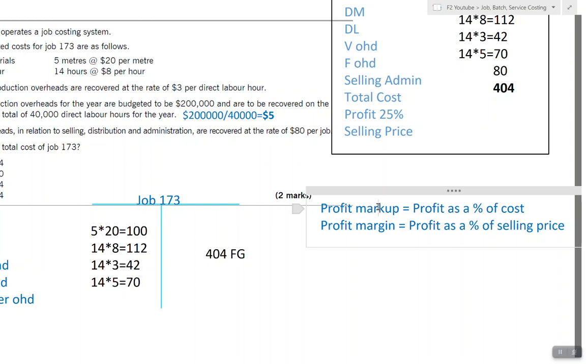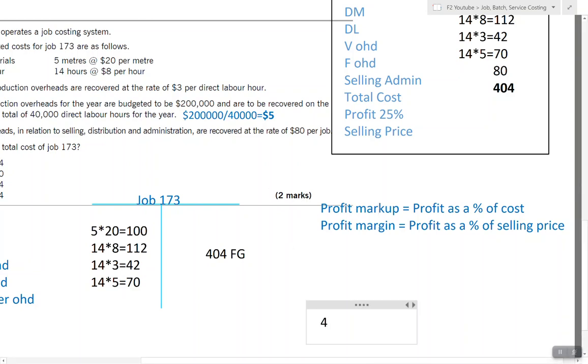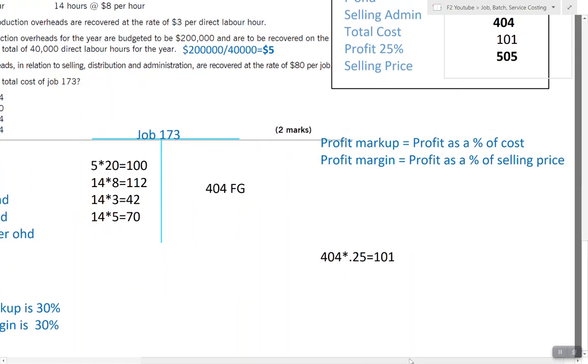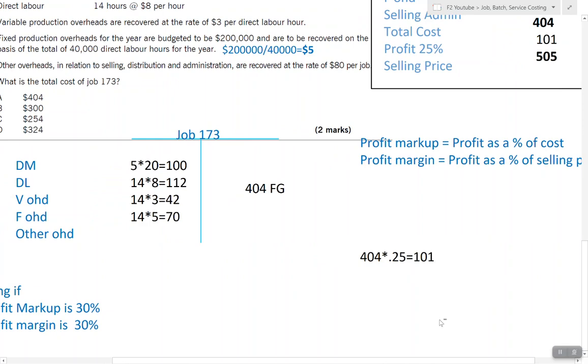In this example, let's assume we have 25% markup. If we have 25% markup, we simply take the cost and multiply by 25%, which gives us 101, which means the selling price would be 505. But this is how we would do it when we are calculating markup.